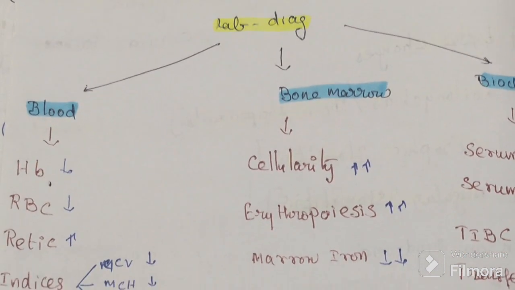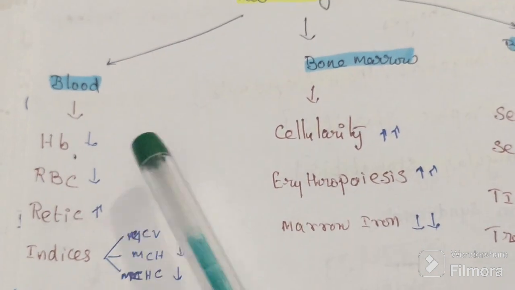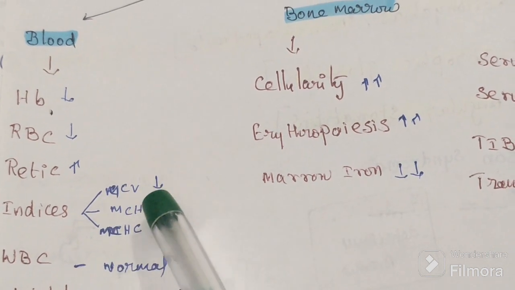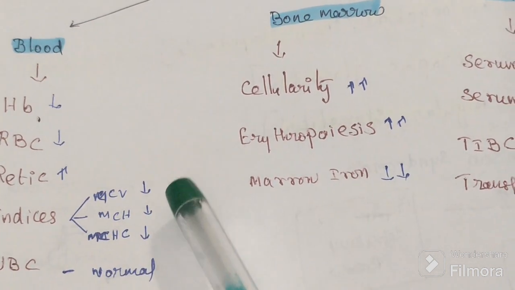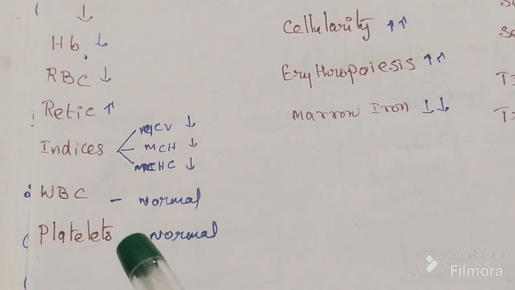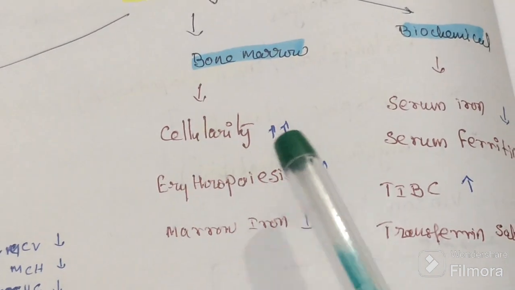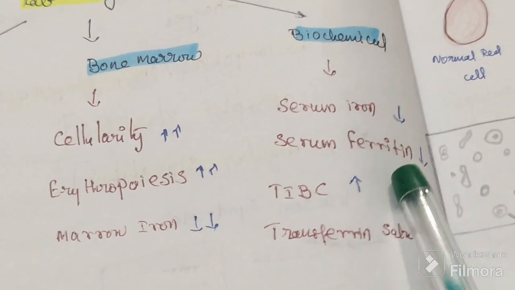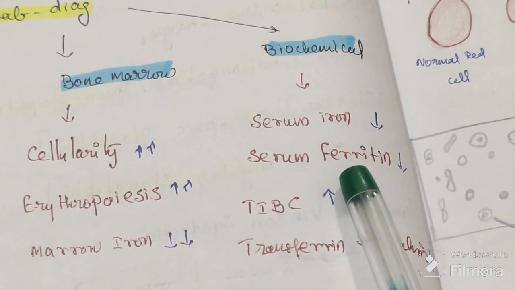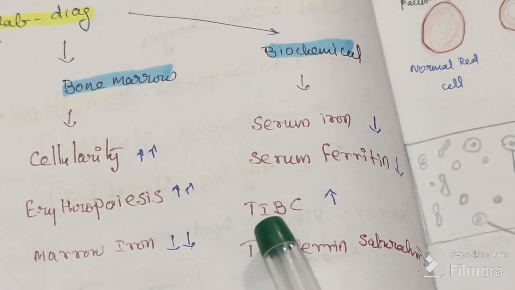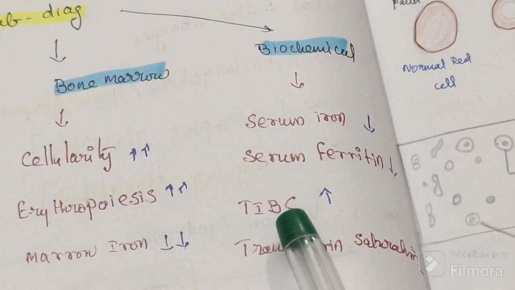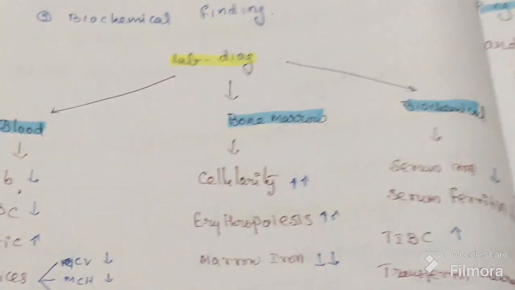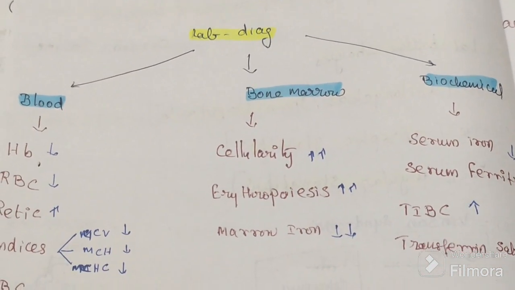Summary of laboratory diagnosis: blood hemoglobin level decreased, MCV, MCH, MCHC, all the indices decreased, WBC and platelets normal, cellularity increased, erythropoiesis increased, bone marrow iron decreased, serum iron and serum ferritin level decreased, total iron binding capacity increased, transferrin saturation decreased. This is the overall laboratory diagnosis summary.